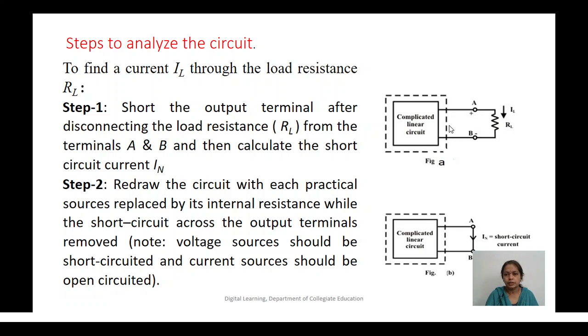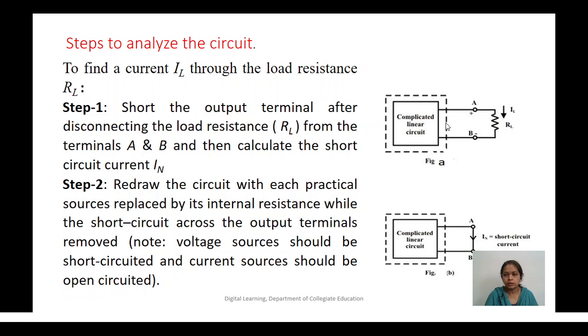So to find the current, suppose we have a complicated linear circuit. To find IN, what we have to do is short the output terminal after disconnecting the load resistance. So this is a complicated linear circuit which is connected to the load resistance RL. We are interested in finding out load current IL.